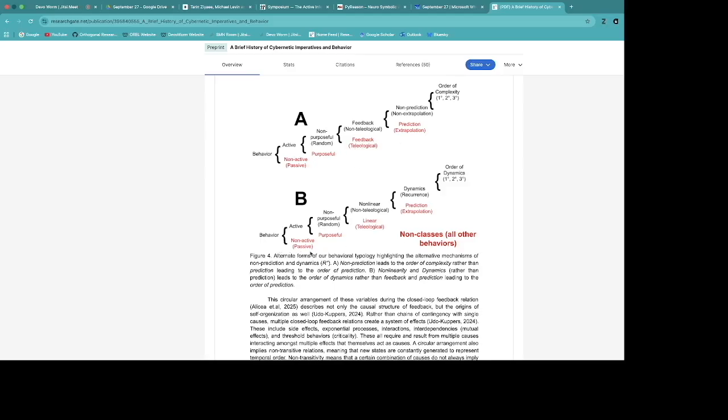This next one involves looking, instead of the order of complexity, at the order of dynamics. So this is where we have active behaviors, non-purposeful or random behaviors, nonlinear or non-teleological behaviors, dynamical behaviors or recurrence, and then the order of dynamics, which can be first, second, or third, or higher.